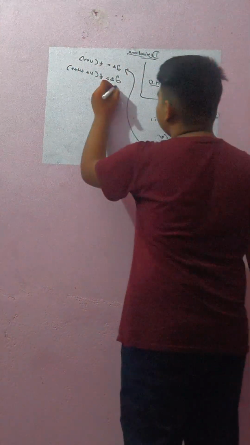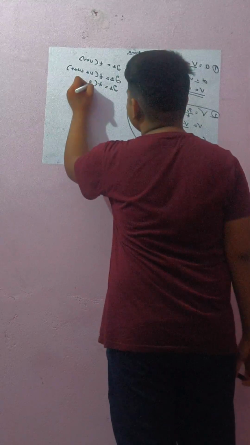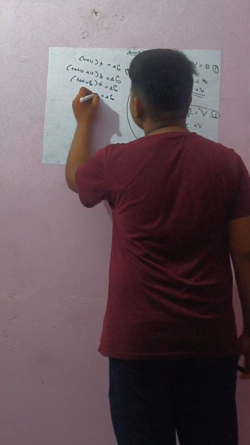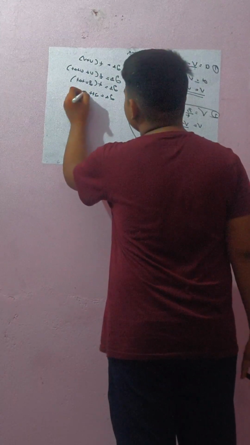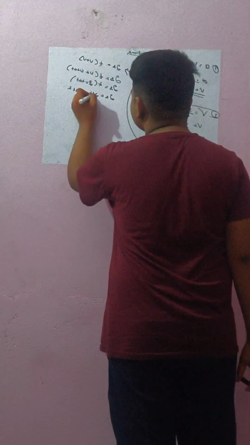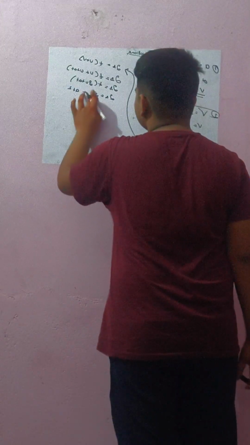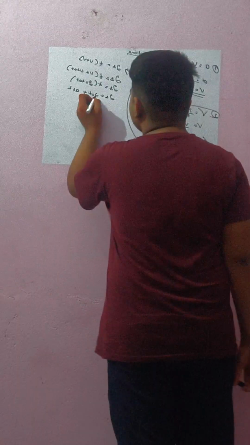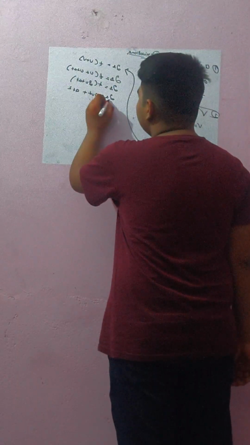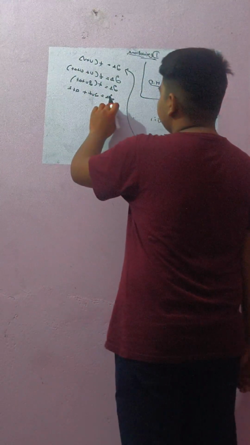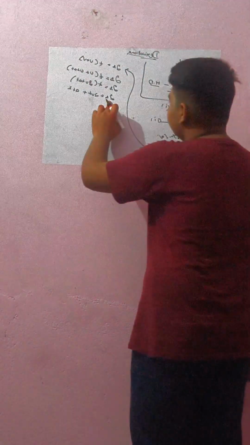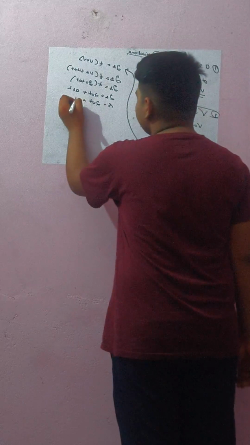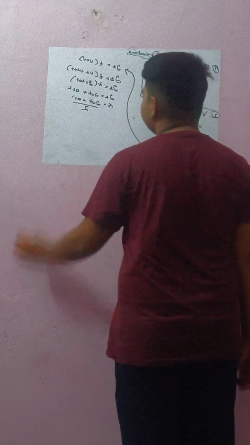So 2s equals t bracket 2u plus at, so 2s equals 2ut plus at square. We send the 2 to the other side. So s equals 2ut plus at square upon 2.